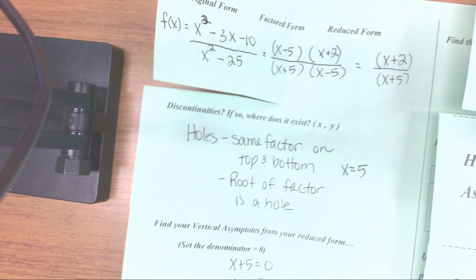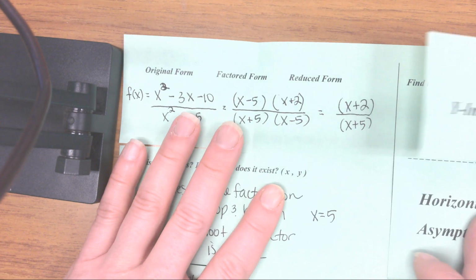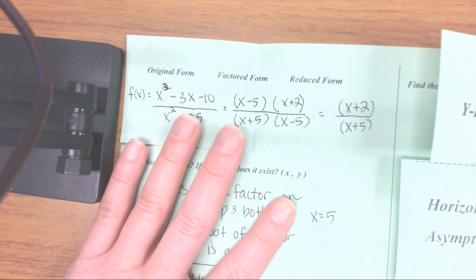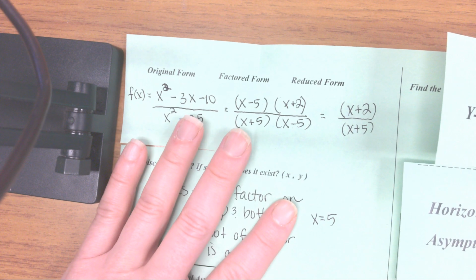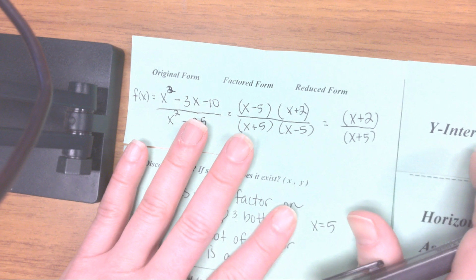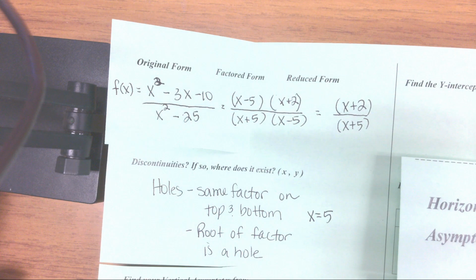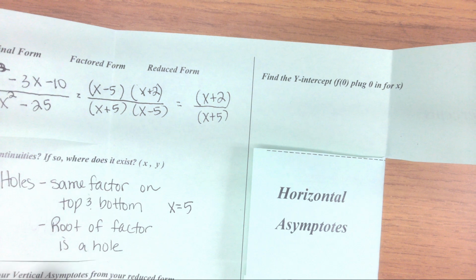Now, something that we did not talk about in your specific explorations, but is always true in any scenario. If you want to find a y-intercept, the y-intercept is always when x is 0 in the graph, or f of 0.